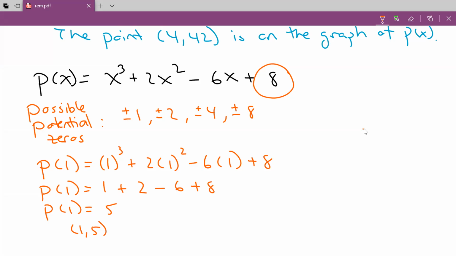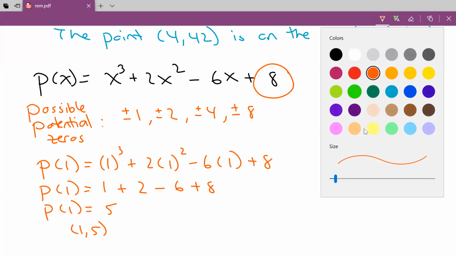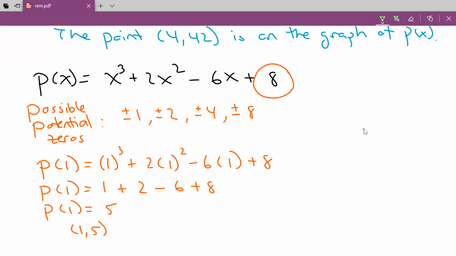I'm going to choose another possible 0, I should say. This time, I'm going to choose -4. I'm going to let x equal -4. I see that one right there. Okay, well, I'm going to sub that in. That'll end up being -64 plus 2 times 16.